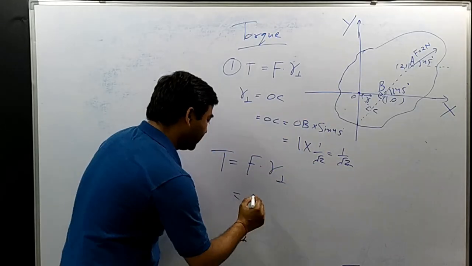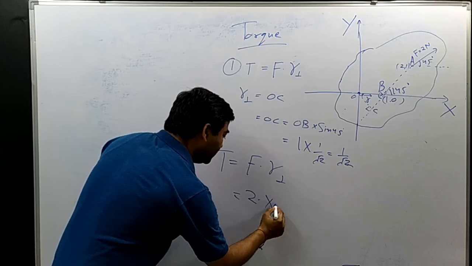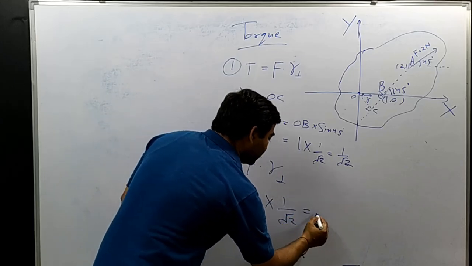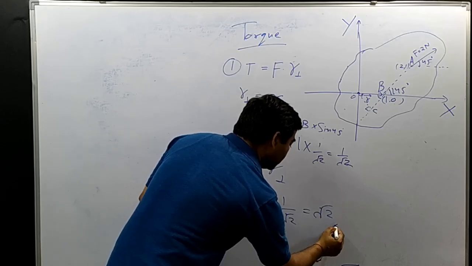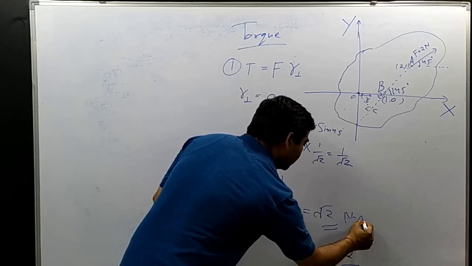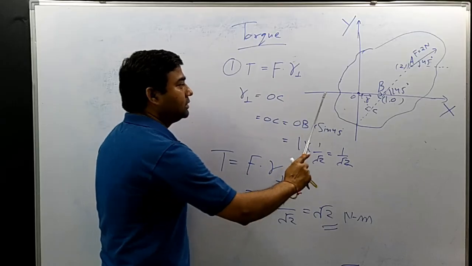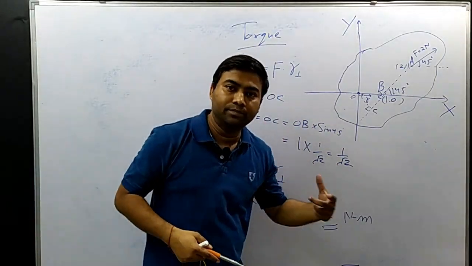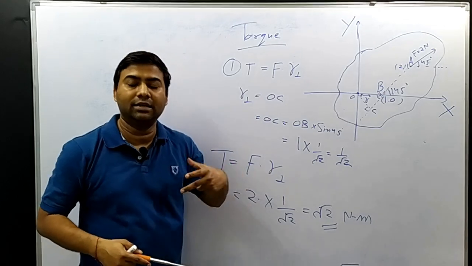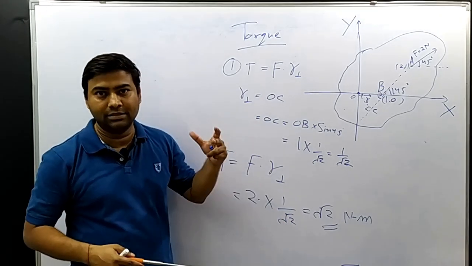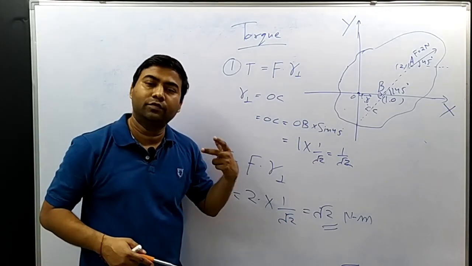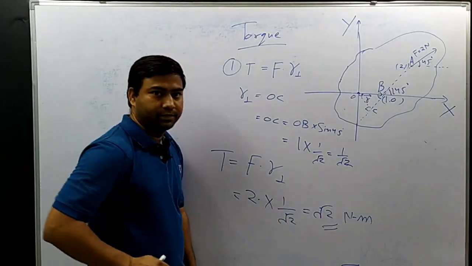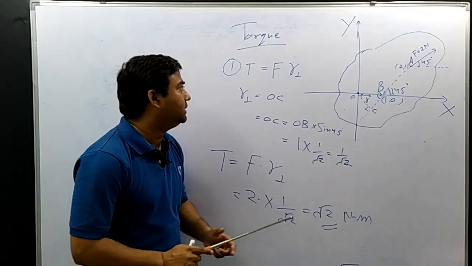Force is 2 Newton into arm of lever 1 by root 2. So it is root 2 Newton meter, if the x and y coordinates are given in meters, that is, distance along the x-axis and y-axis is measured in meters. So it will be root 2 Newton meter.